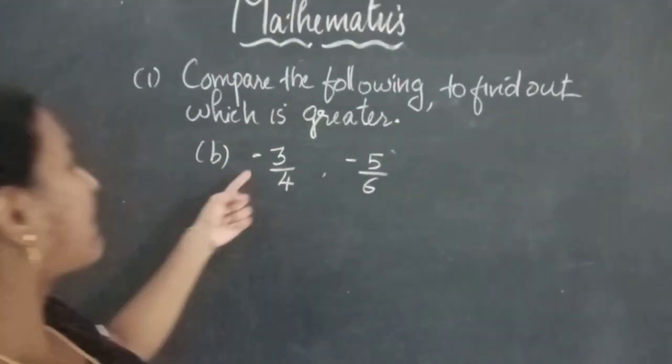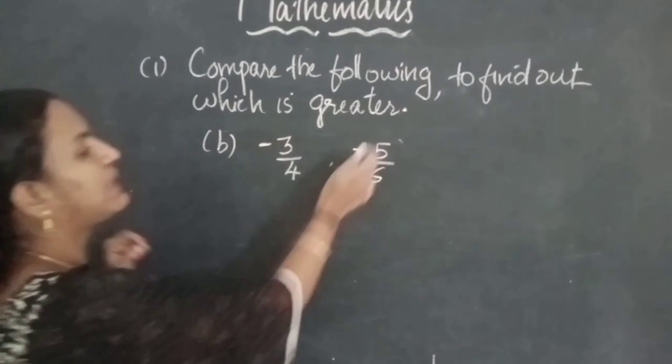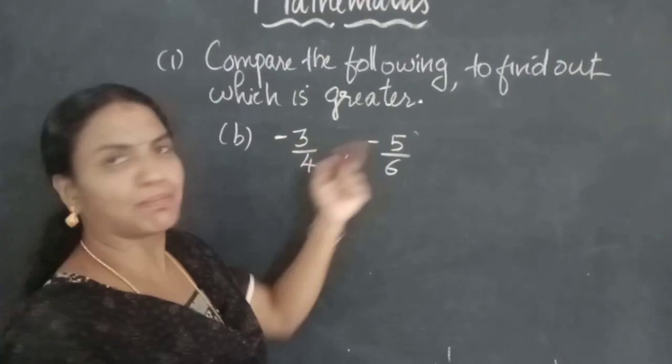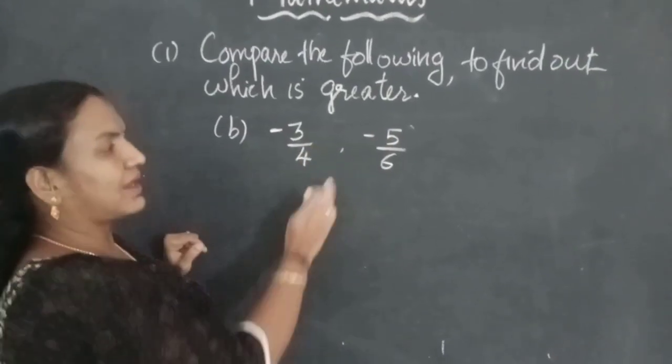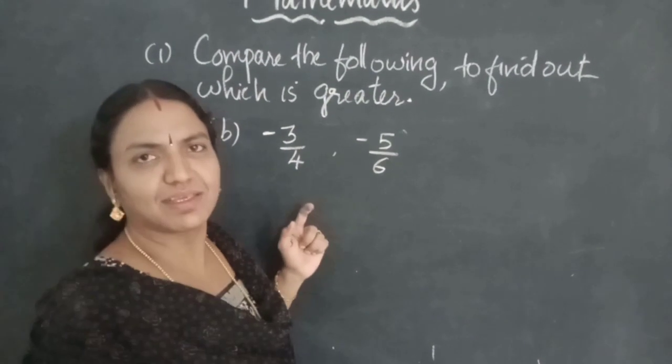Option B, minus 3 by 4 and minus 5 by 6. Negative numbers. Okay. So I think method 2 is easier than method 1.